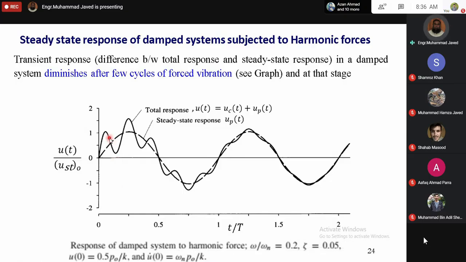Now you can see that initially the difference between the total response, which is represented by the solid line, and the steady state response, which is represented by this dotted line, is significant.